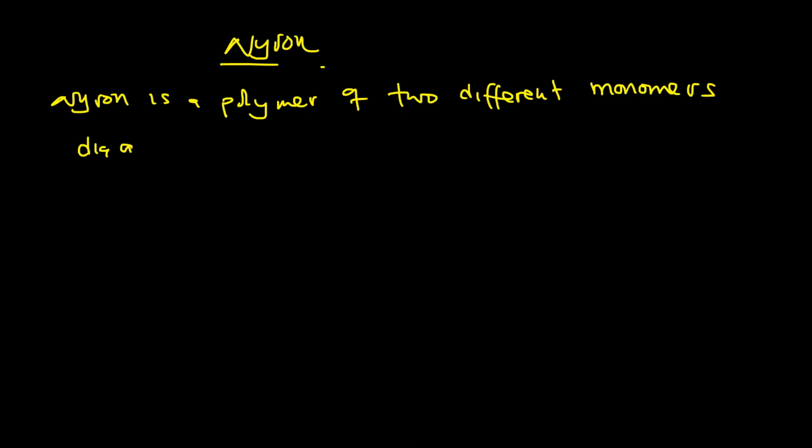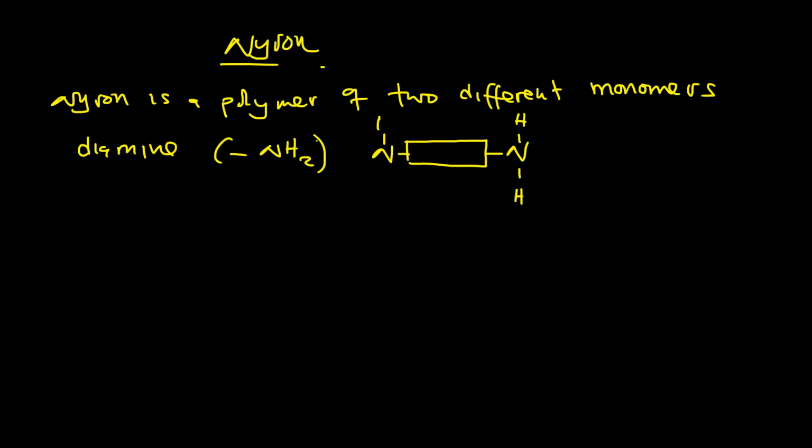Diamine. In terms of structure, we just put it like this. Diamine means it has an amine group. Amine group is this one. Sometimes you'll be asked to draw the monomers of this. So diamine is like this. This is diamine, which means two amine functional groups at the end.